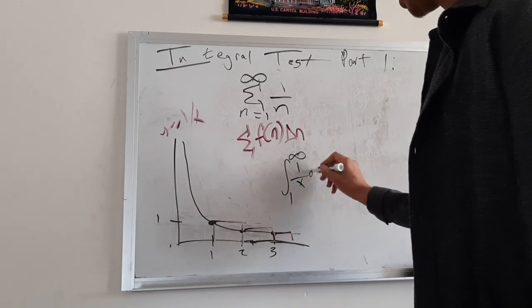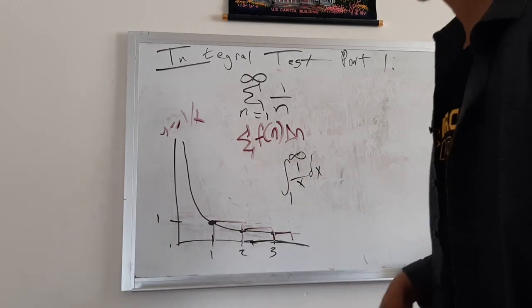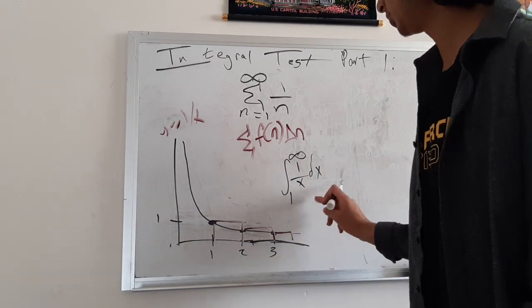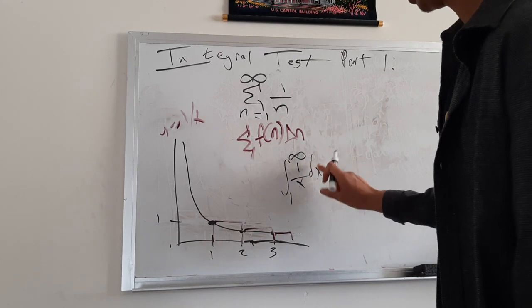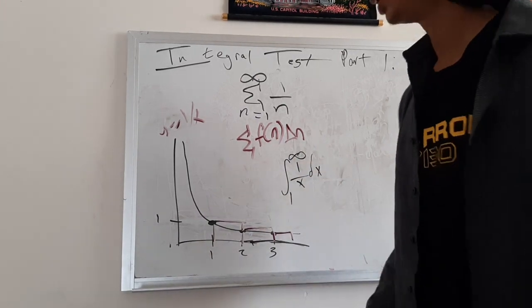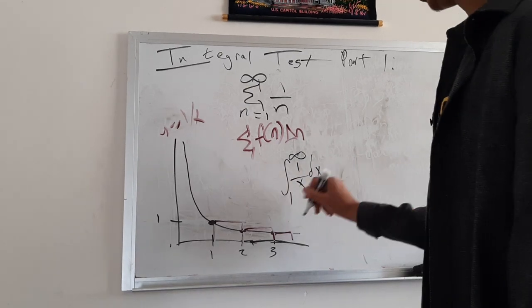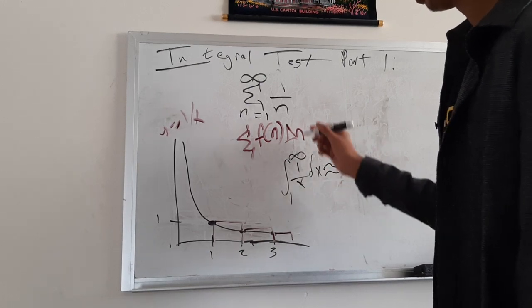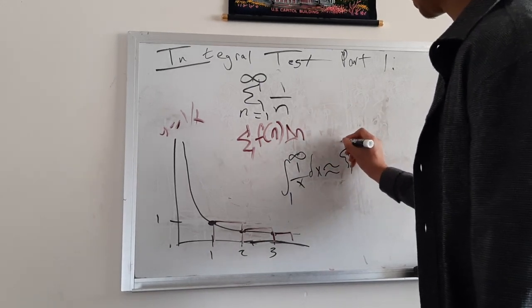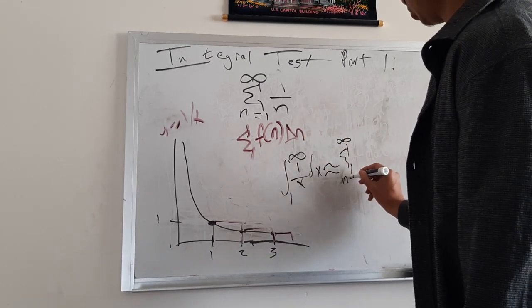You could also call it n. Miss Young likes calling them x, but you don't necessarily need them to be x. You just need a variable here and the same variable over here. But yeah, so this is the same as, or not necessarily the same, but an estimate of this.